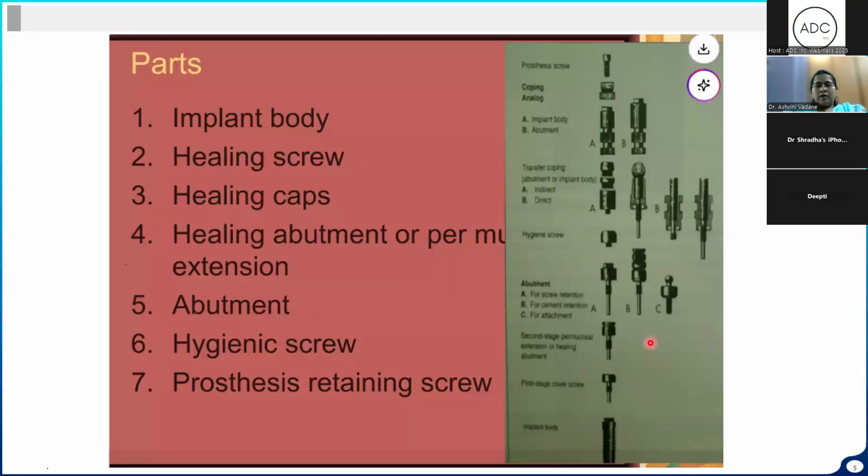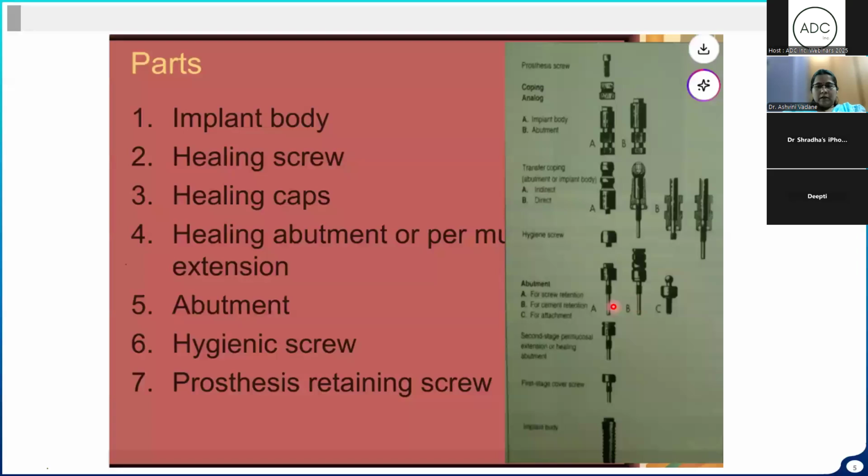Then regarding the parts of the dental implant, in this picture we can quickly go through that. The last one is the implant body. Then this is the first stage cover screw. Then the second stage permucosal extension, or we can say healing abutment. Usually we call it a healing abutment.